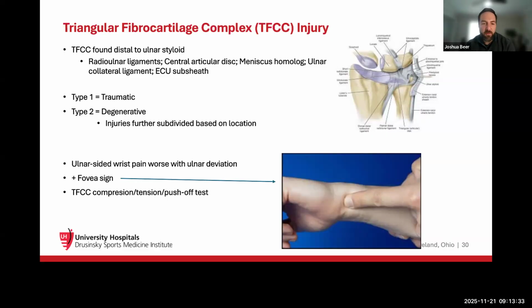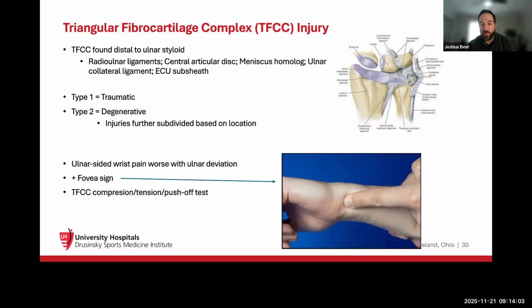Patients are complaining of ulnar-sided wrist pain that is worse in ulnar deviation. The most specific finding is a fovea sign. So if you compress the little soft space between the ulnar styloid and the carpal bones, having pain there is the fovea sign. Then you can do what's called a TFCC compression test, where you have them forcefully ulnar deviate to see if it aggravates the pain.